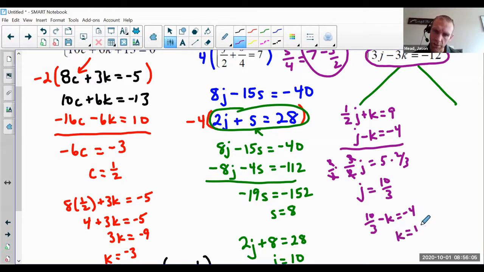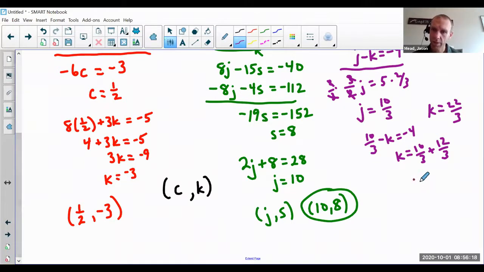So k equals 10/3 plus 4, and 4 is 12/3. So k equals 22/3. So my answer would be 10/3, 22/3. Okay.